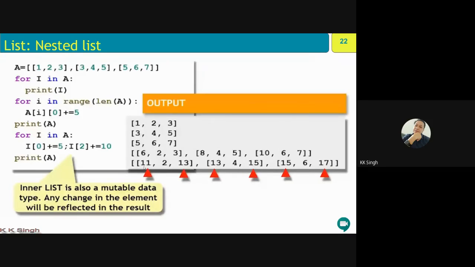सो यहाँ पर क्या है कि हर लिस्ट का जो फर्स्ट एलिमेंट है और जो सेकंड इंडेक्स एलिमेंट है, उसकी वैल्यूज में आपने 5 एंड 10 ऐड कर दिया है. So see here, 5 is added here and 10 is added here. 5 is added here and 10 is added in the second index value. 5 is added here and 10 is added here.